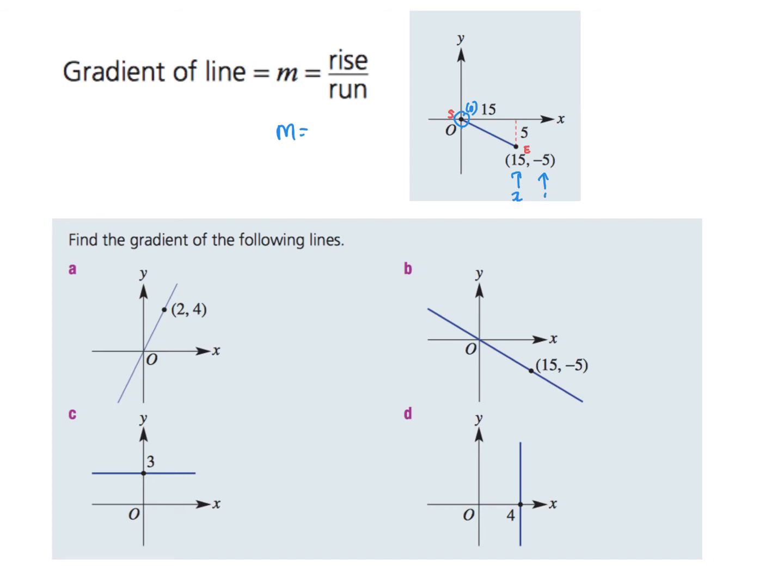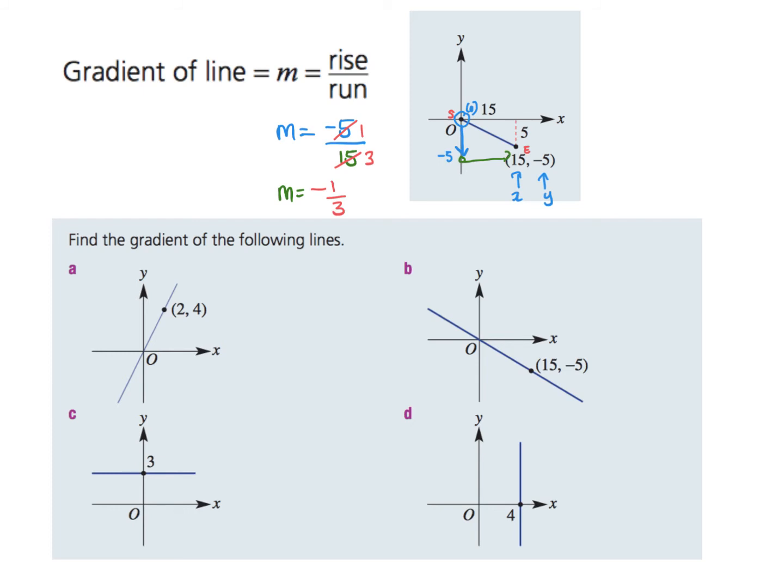Yeah, this is the x and this is the y. Good. If I've gone down to this point, I'm down at -5. So my rise was -5. Now I've gone across from x is 0 to x is 15, so I've got a run of 15. We can simplify that because 5 goes into 5 once and 5 goes into 15 3 times. So we can say the gradient is -1/3.